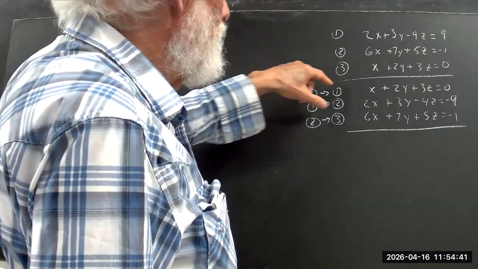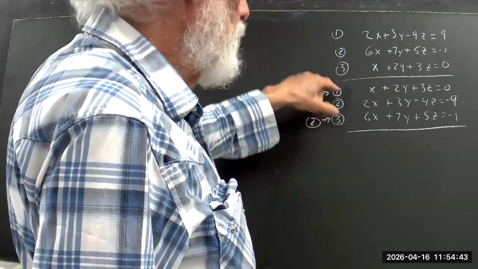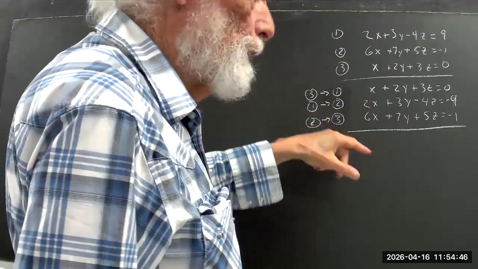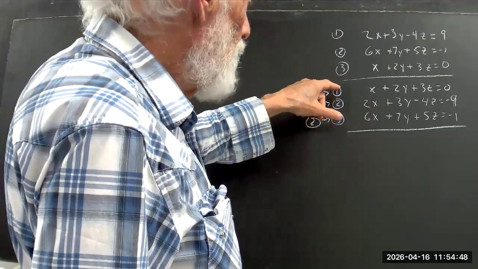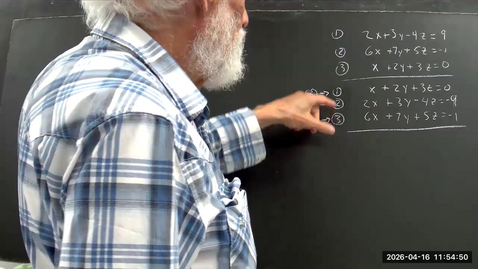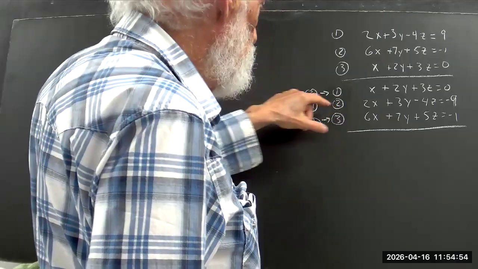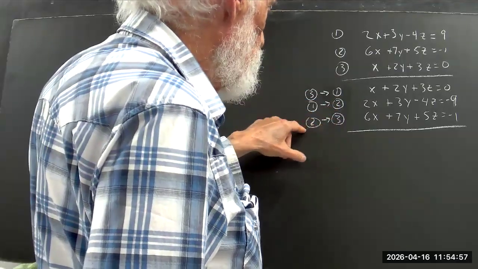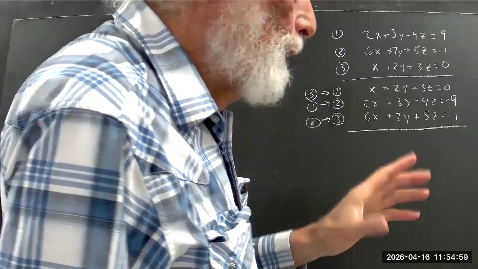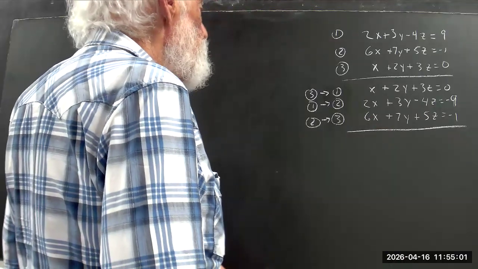I've got the new number for each of these equations. The equations are now numbered 1, 2, 3, but equation 1 was the previous equation 3, equation 2 is the previous equation 1, and equation 3 is the previous equation 2. I think that'll help us keep better track.